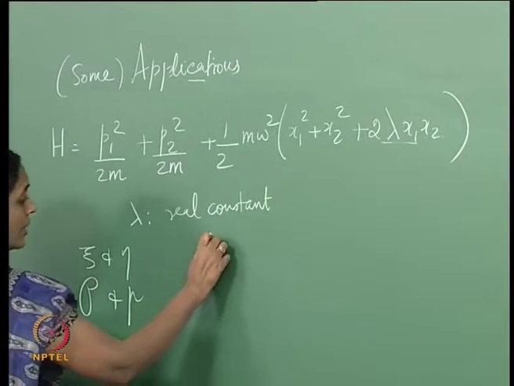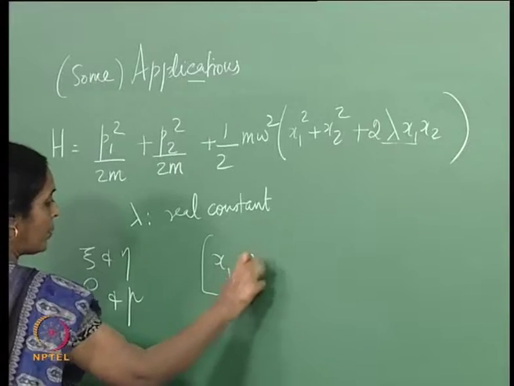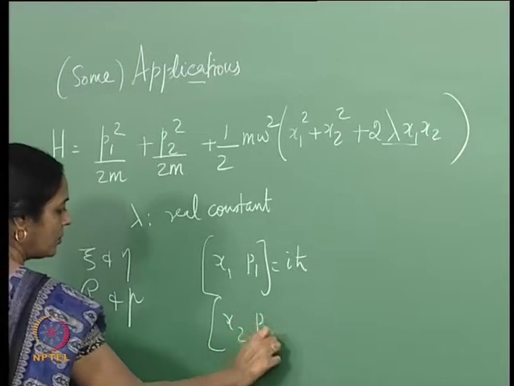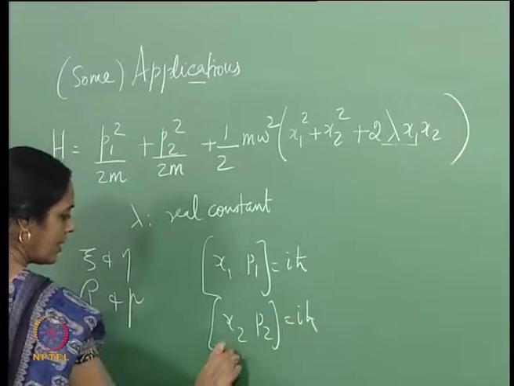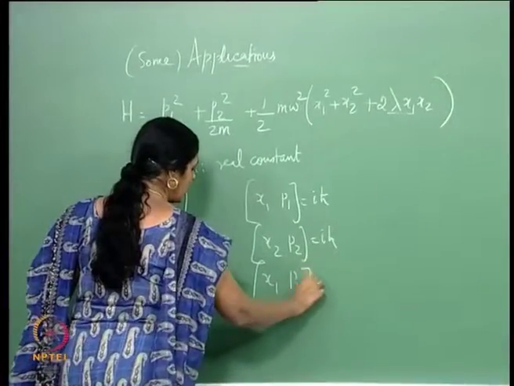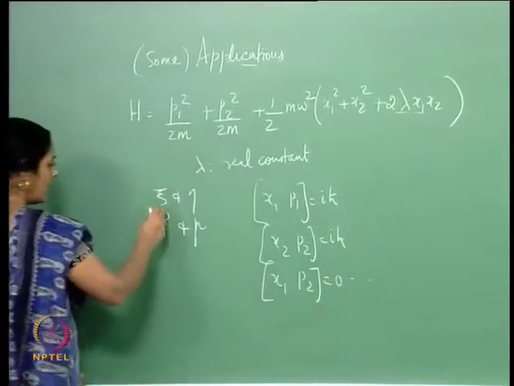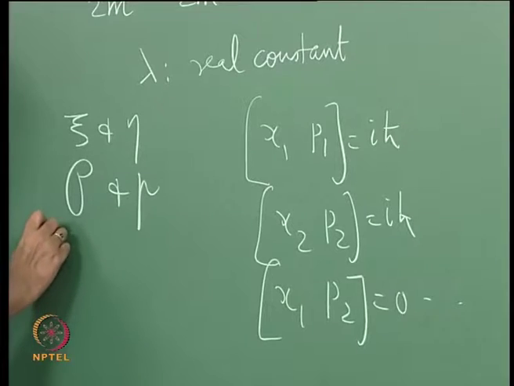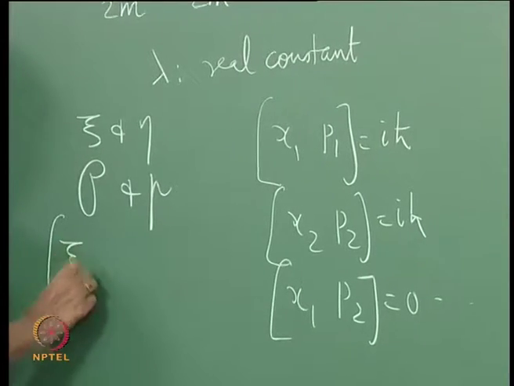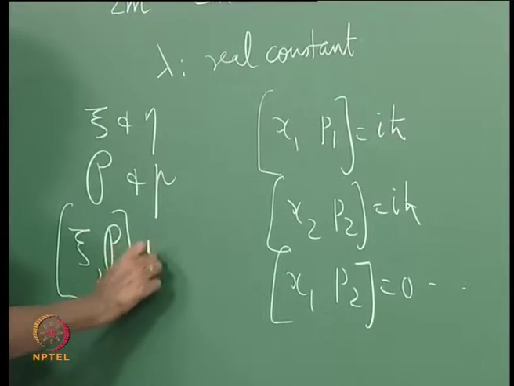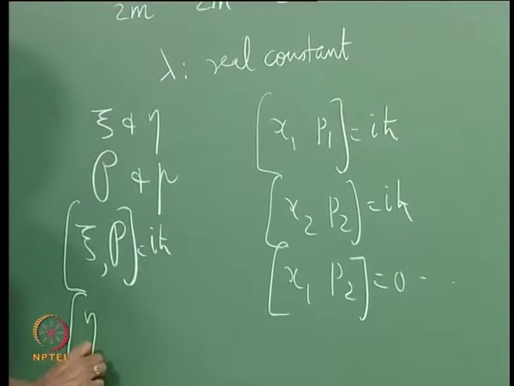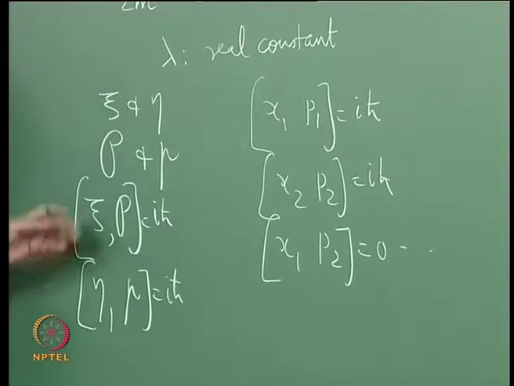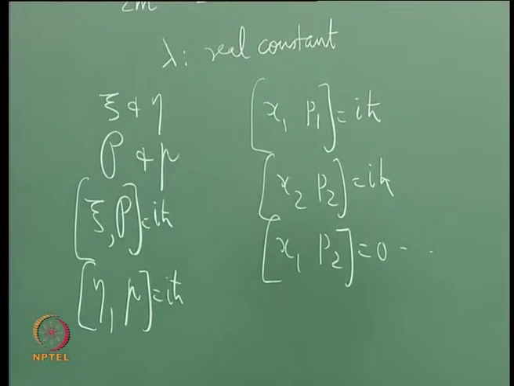Of course, since the commutator of x1, p1 is i h cross, x2, p2 is i h cross, and x1, p2 is 0, and so on, I would expect the same kind of commutation relations to be obeyed here, in the sense that the zeta, p commutator must be i h cross, and the eta, little p commutator must be i h cross, and so on.